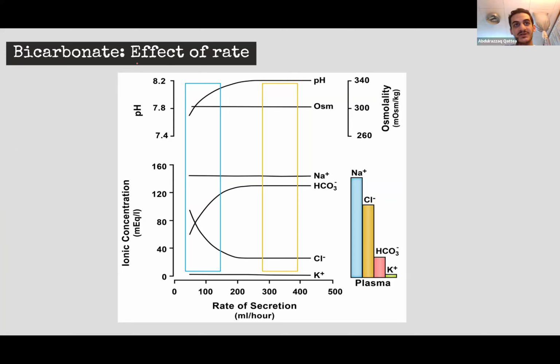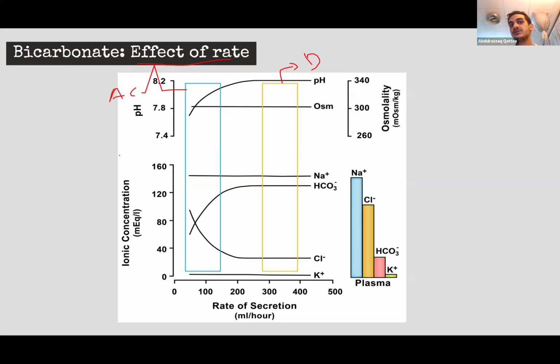Okay, another concept here you have to understand. Simply this graph is telling you about the fluid which comes from the acinar cells until it goes to the ductal cells. So the blue box here is acinar cells, and the orange or yellow one is the ductal cells.